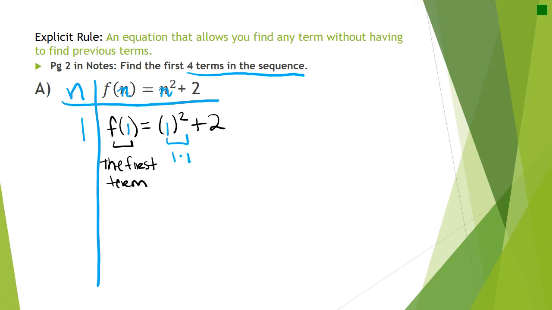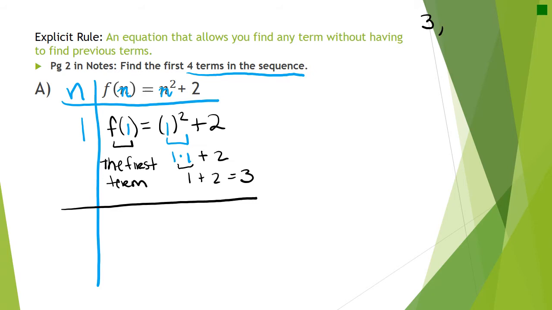So we're going to take 1 times 1 plus 2, and we know that 1 times 1 is 1, plus 2 is 3. So our first term in the sequence is going to be 3. I'll go ahead and write at the top: the first number in my pattern is going to be a 3. That's going to be the first term.